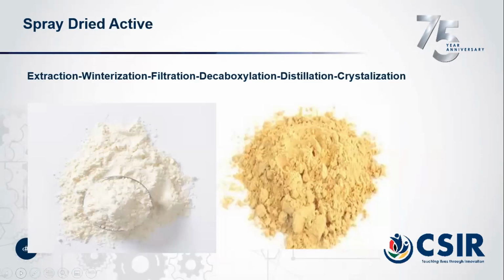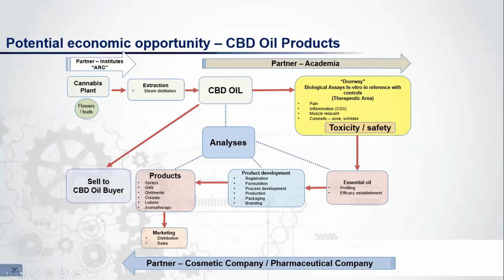So why I'm showing this is that from here now, you can have different combinations to put into capsules. So it's from this powder now that you put into capsules. And we have capsule machines here. We have tableting machines here. We have all of that at our facilities at the CSIR. I wanted to show this slide just to show you what you can do with the oil.